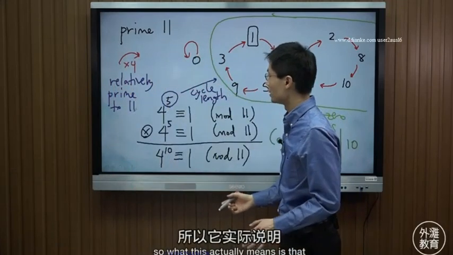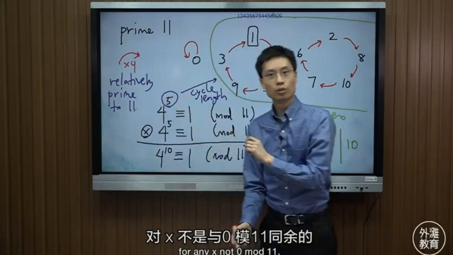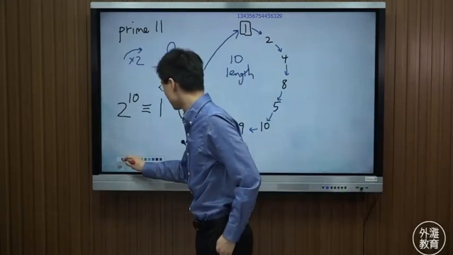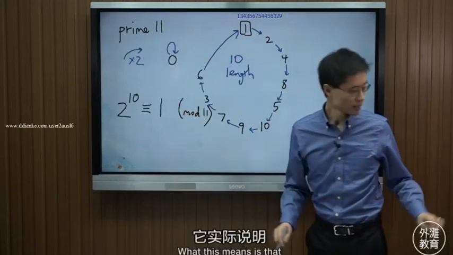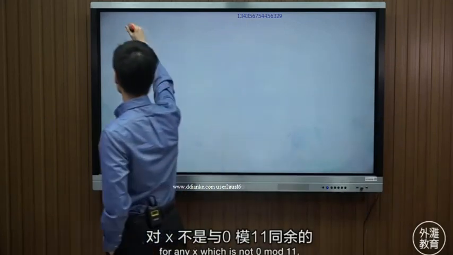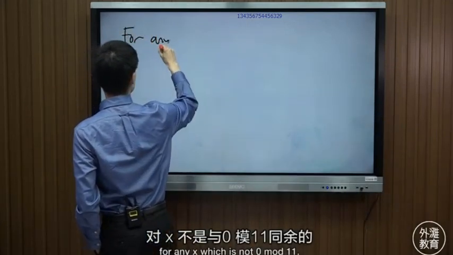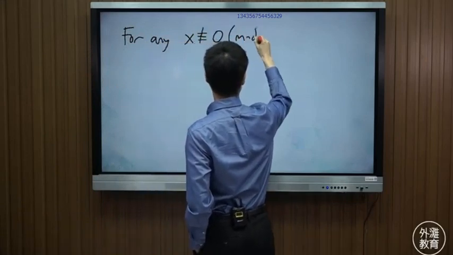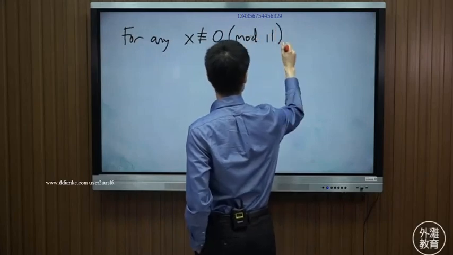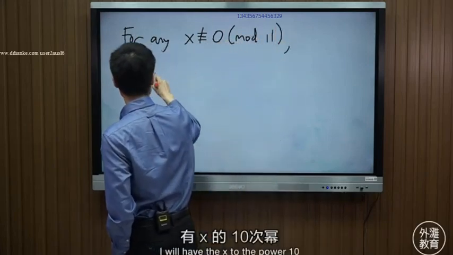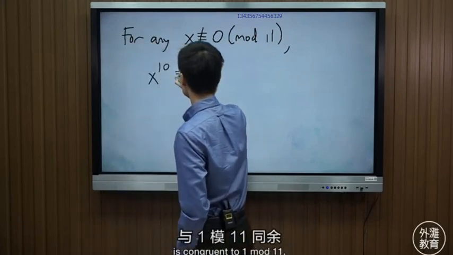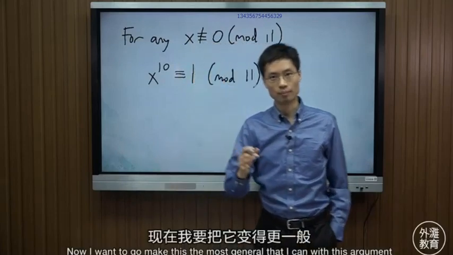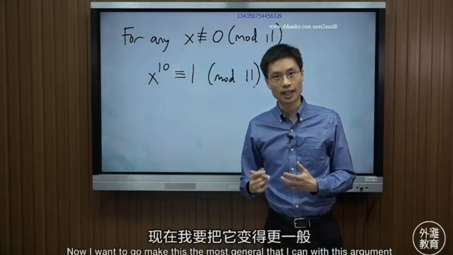So what this actually means is that for any x which is not 0 mod 11, I will have that x to the power 10 is congruent to 1 mod 11. Now I want to go and make this the most general that I can with this argument.